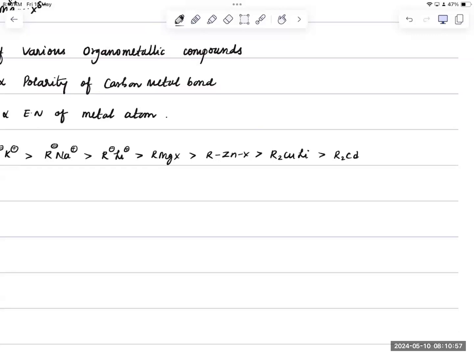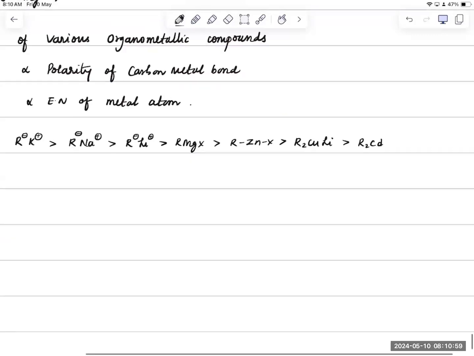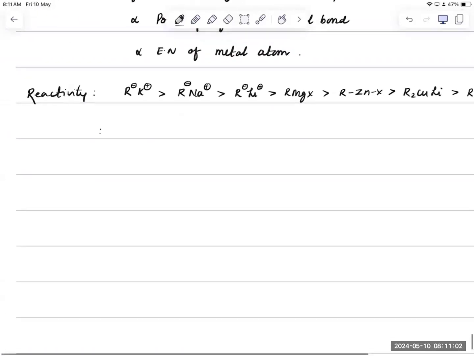Correct? Clear? And if you notice the reactivity based upon X, that is the halogen's reactivity, iodide is more reactive than bromide, then chloride. Weaker the bond, better it is. Clear?